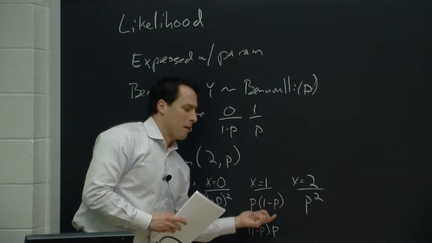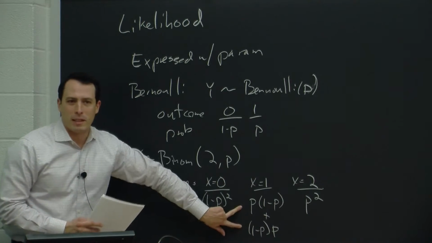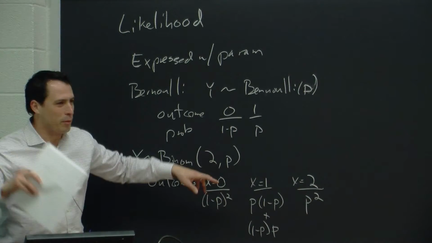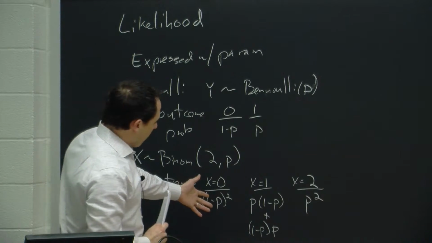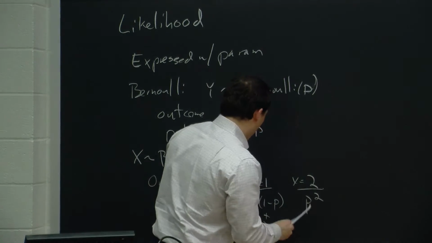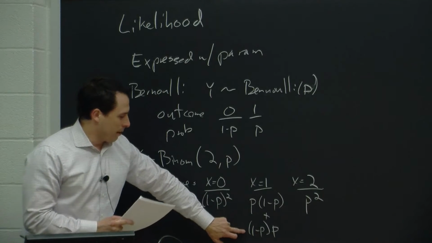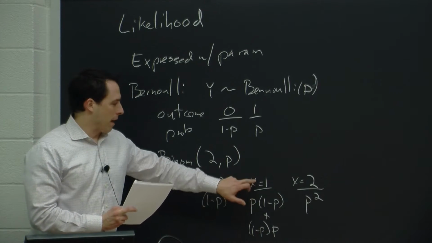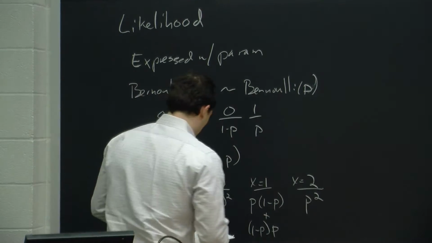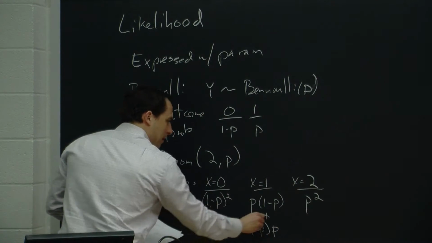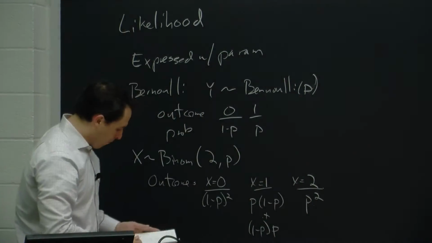Here the coefficient is 2, but later it's going to be 3, 1, 3, 3, 1, like Pascal's triangle. So there's an extent to which we don't care about the order here, and these probabilities that all have the same count will all be the same, but they'll be formed differently. If I add these up, this plus this plus this, that's equal to 1.